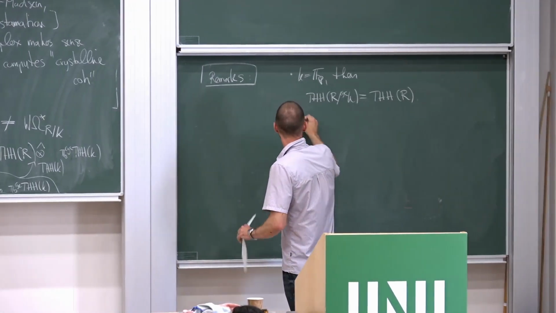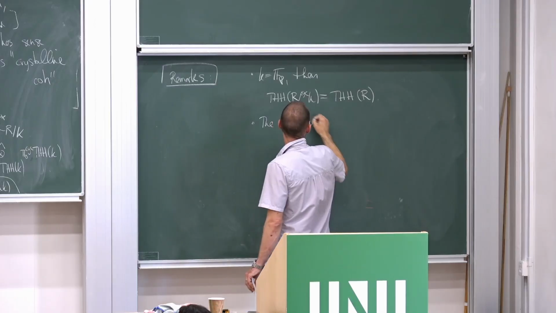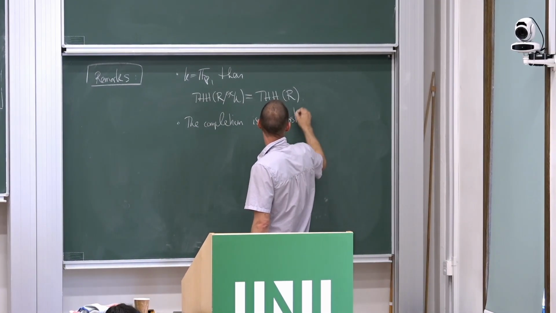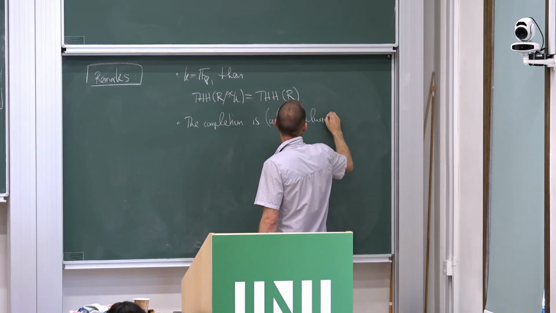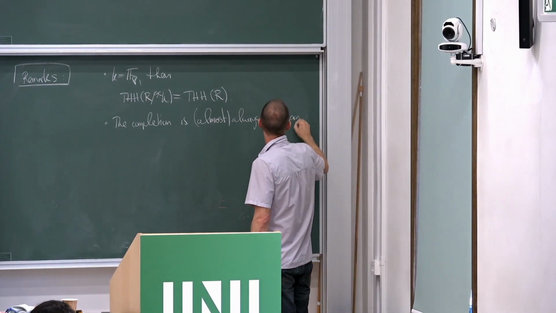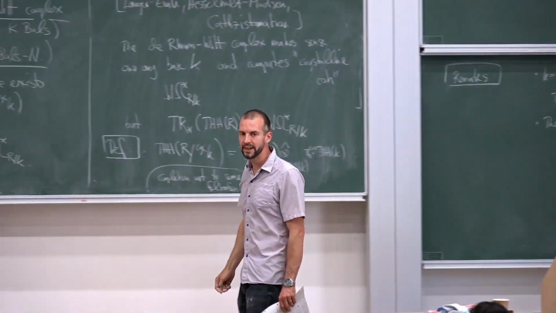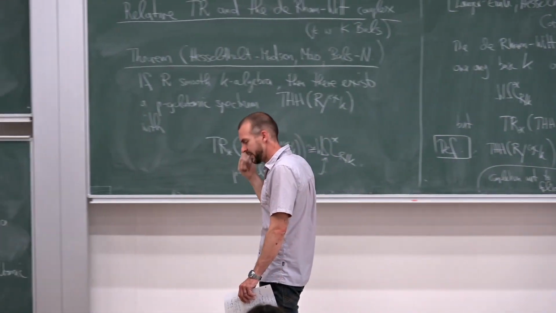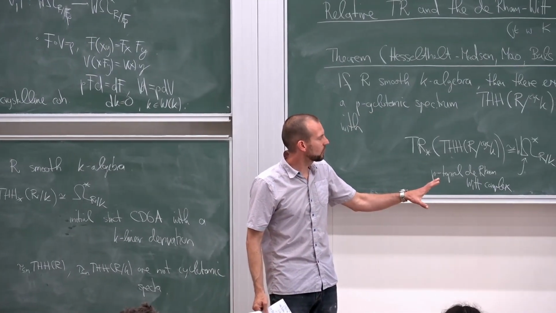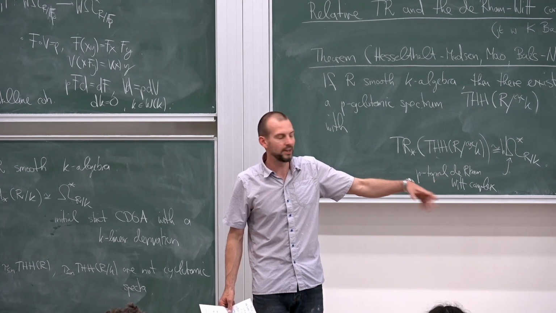Secondly, the completion is almost always necessary. That held me back for quite a while. Initially, I hadn't seen this completion, and then I couldn't quite prove the result. Eventually, we realized there's this completion, and then you can prove when it is necessary.